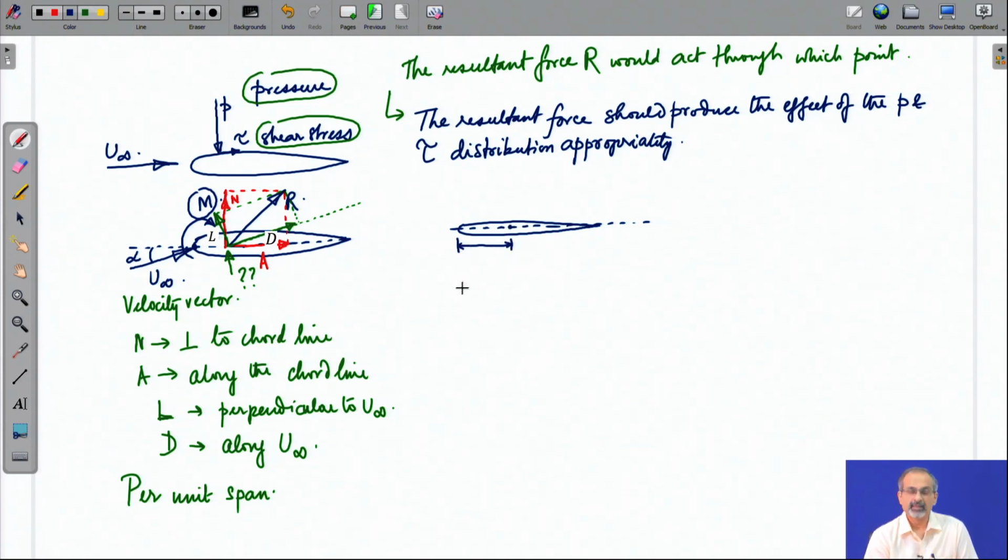For that, we will define a very important point, which is called the center of pressure. So, we are locating that force R at a point which is at a distance of x c p from the leading edge, and marking the moment at the leading edge as m L e.